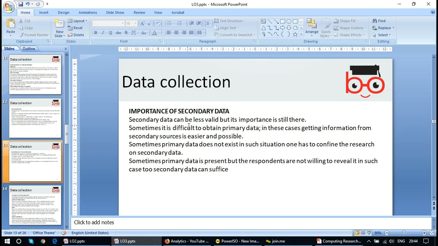That's true. If it's a new research, new topic, or if it is new for you, then probably it would be very difficult for you to do any experiment correctly. Maybe in these cases, getting information from secondary sources is easier and possible.